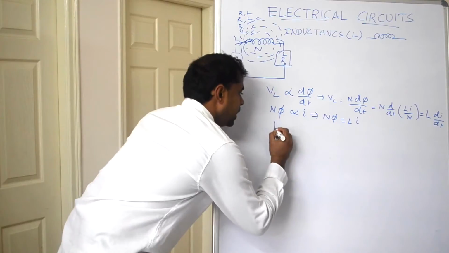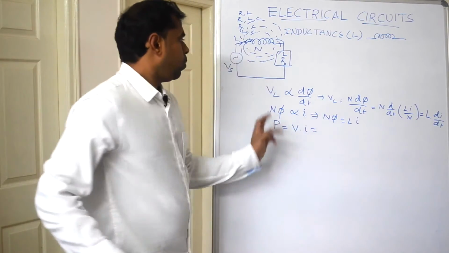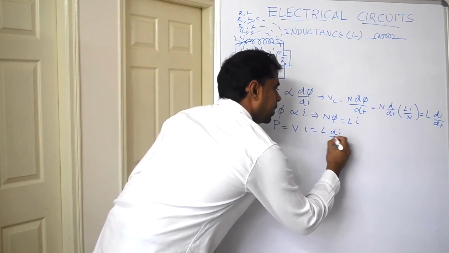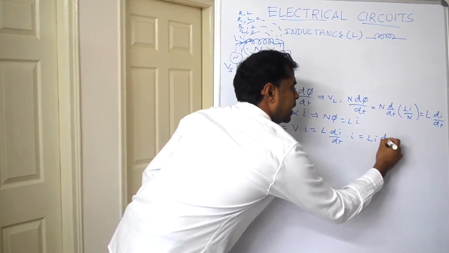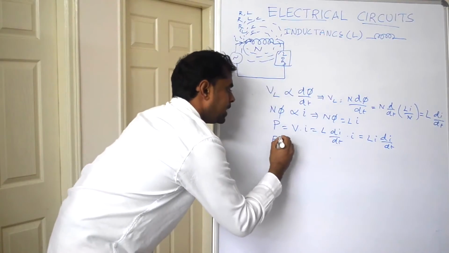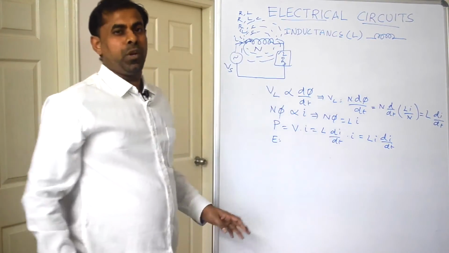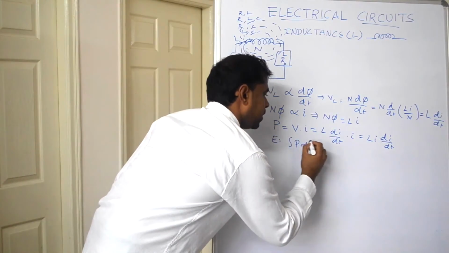Next we will see power. Power is nothing but voltage into current. Voltage is just now L into di by dt, into I. This is L i di by dt. Energy is nothing but the integration of power over the total time duration, so it will be the integral of P dt.